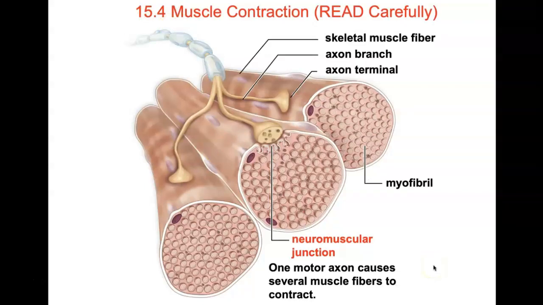In order to understand this, we need to get the big picture first, and that's what you're seeing with this image: the nervous system, so nerve cells, are going to bind or attach to muscle fibers. What you see here are 3 individual muscle fibers, each containing many myofibrils, as we've already discussed.